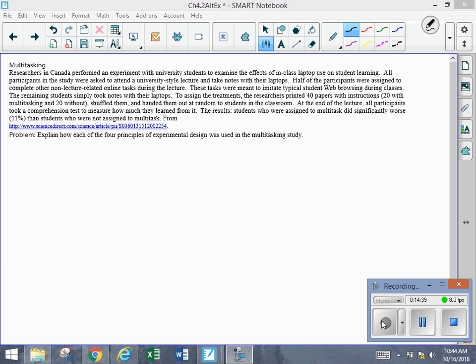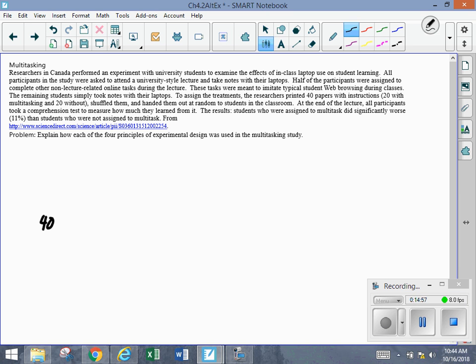So first, we're going to have our, how many subjects? We have 20 multitasking, 10 wait. So we've got our 40 subjects. And so we're going to take these guys. And then we're going to use a process of randomization.